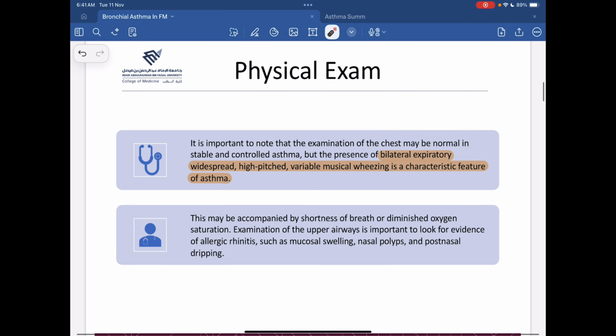طيب physical exam. It is important to note that the examination of the chest may be normal in stable and controlled asthma, but the presence of bilateral, expiratory, widespread, high-pitched wheezes is characteristic of asthma. كذا بالأخير كذا في wheeze. طبعا I don't have asthma right now, but you get it.